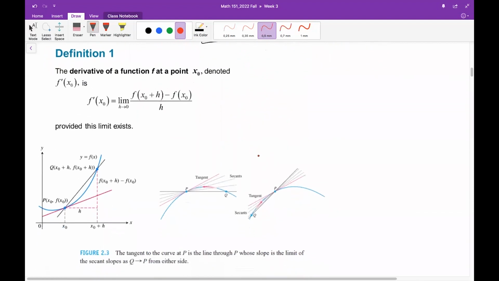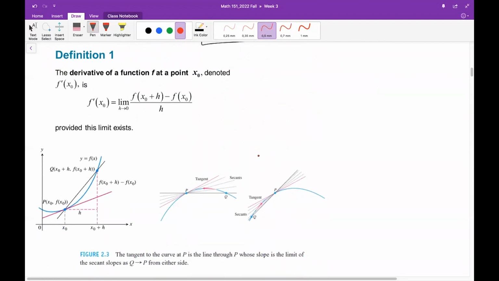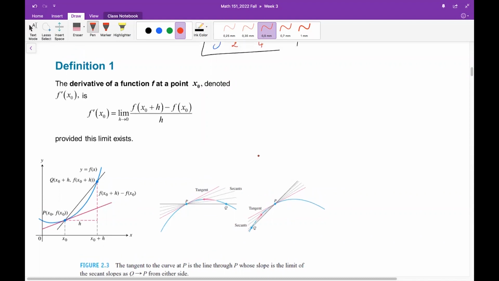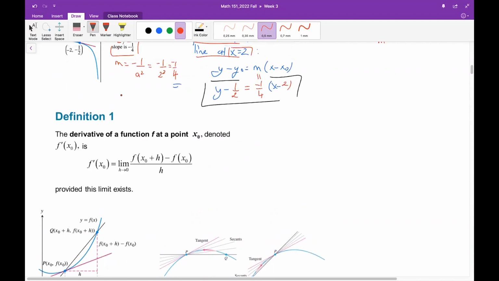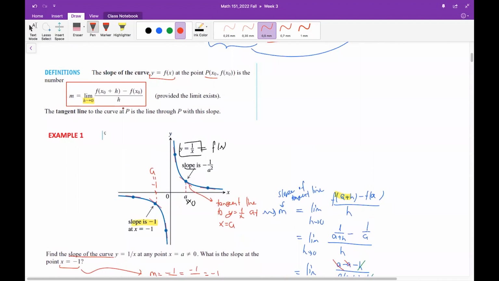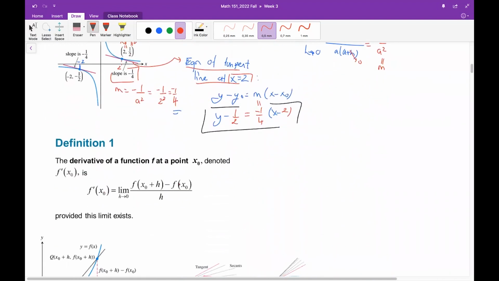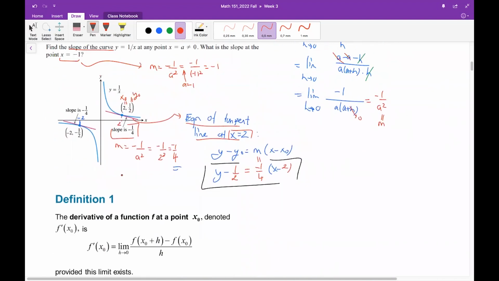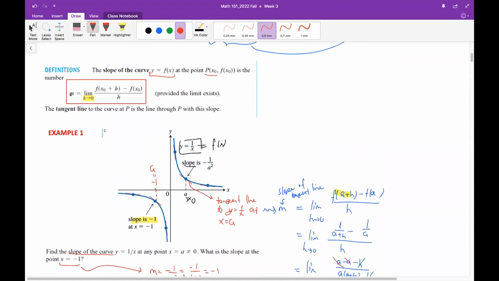Now look at this definition. This definition gives the general version of the previous one. The derivative of a function f at a point x0 is denoted like this. In fact, it is nearly the same. The right-hand part is the same, which is the slope of the tangent line.